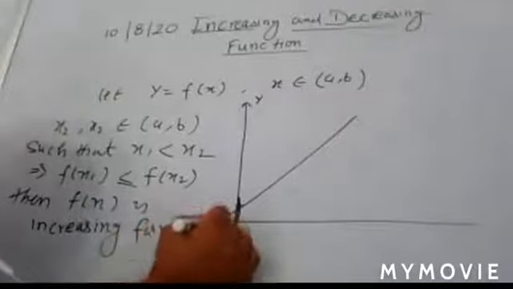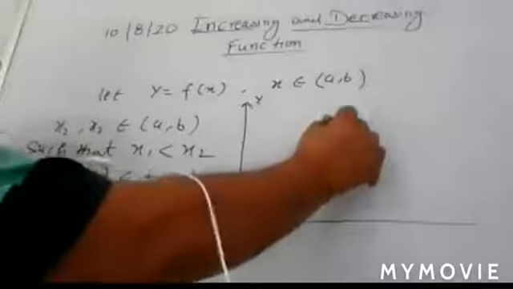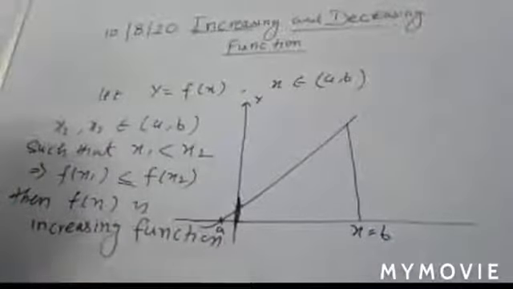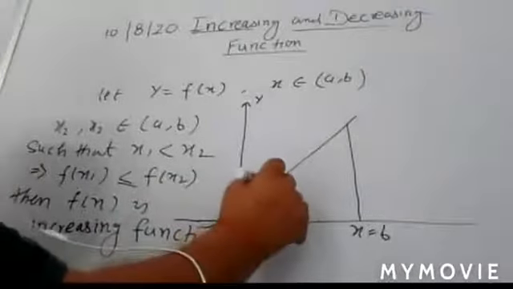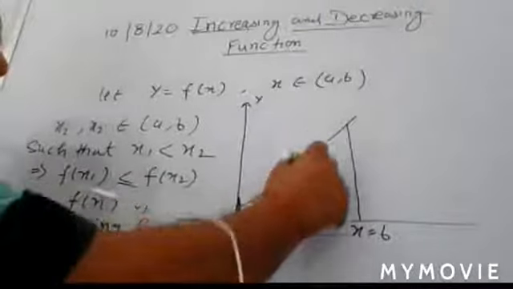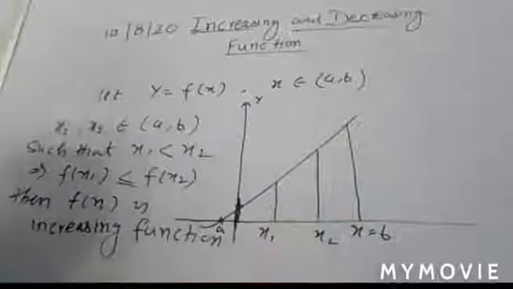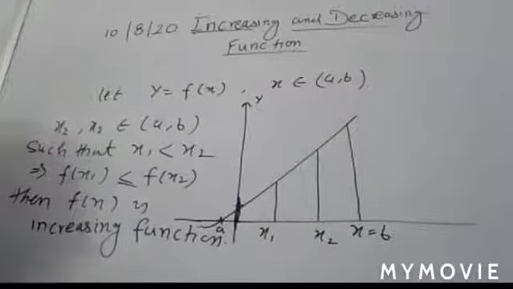Suppose we define it for x from a to b; that is its domain, x is equal to a and x is equal to b. Here you are taking points x1 and x2. Here you see that the corresponding values of the function are not equal, meaning f(x1) is not equal to f(x2).